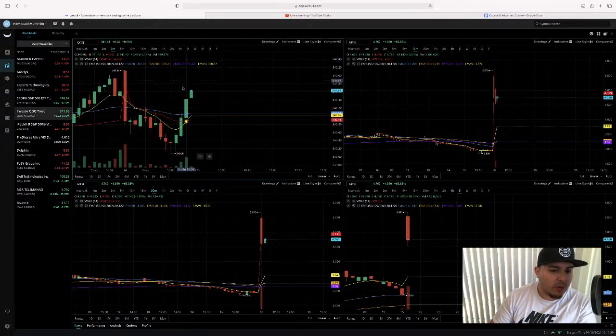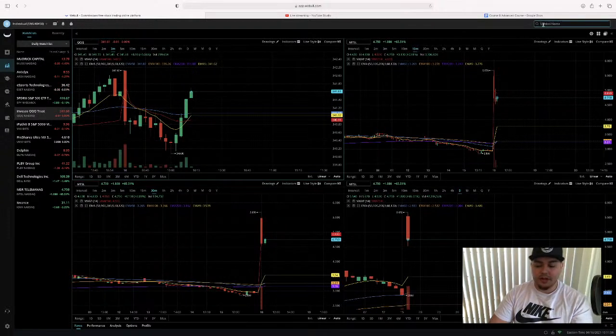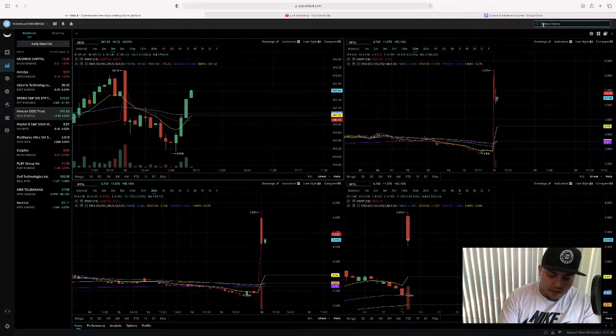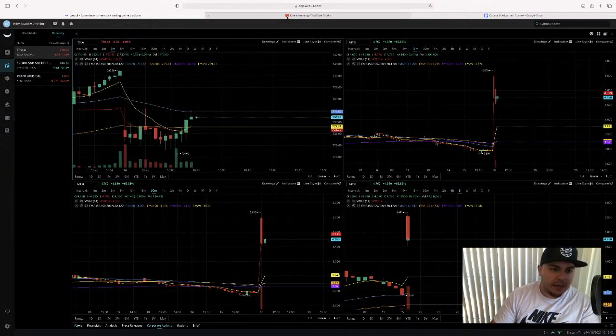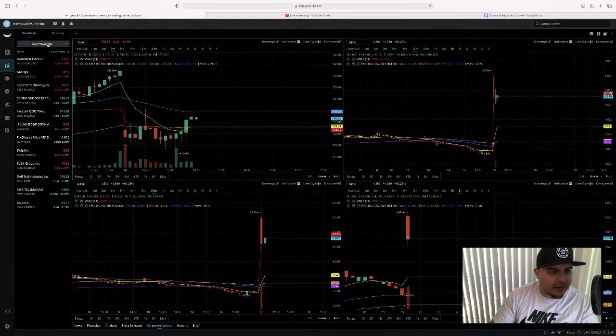If you see tech going up, which is QQQ, and you look at tech stocks like, for example, Tesla, Tesla is a tech stock, you can see it going up. So just keep that on watch.